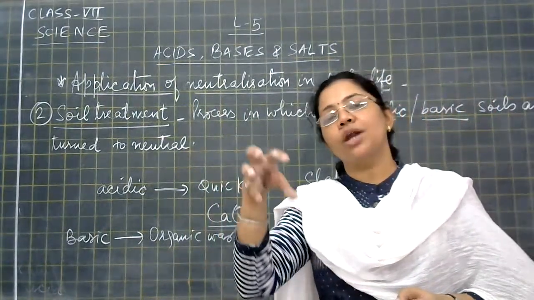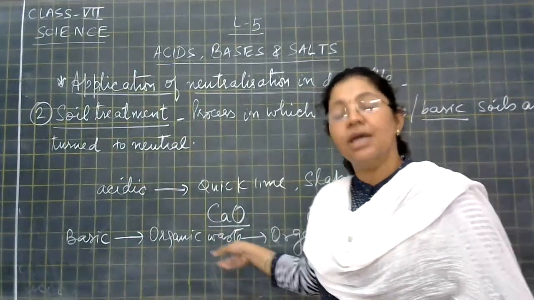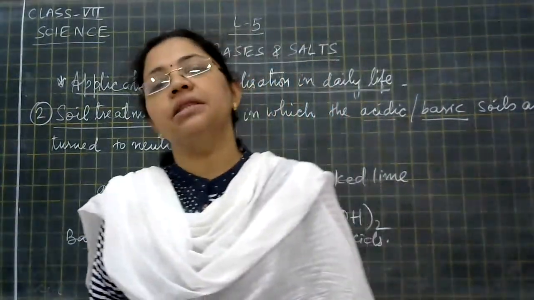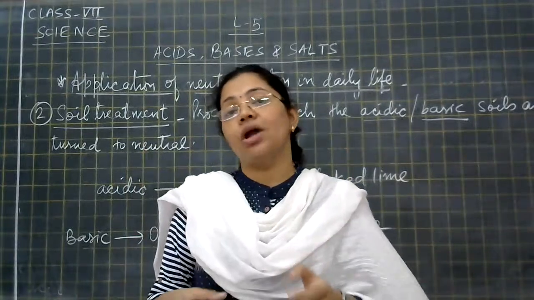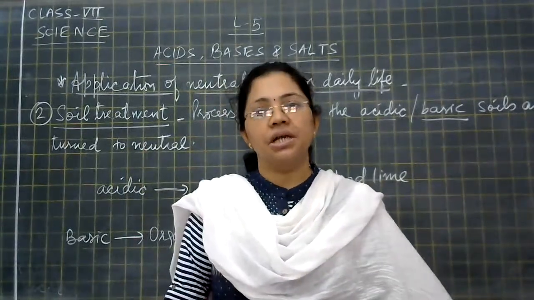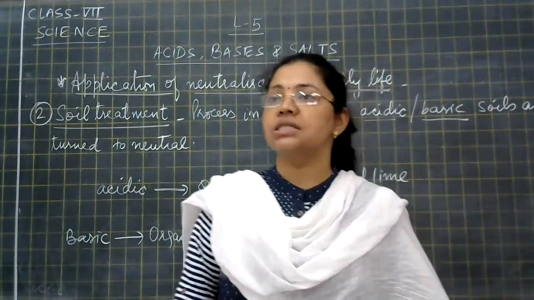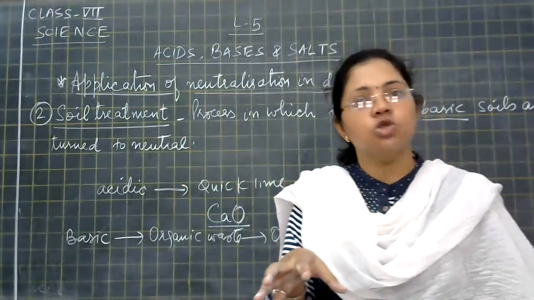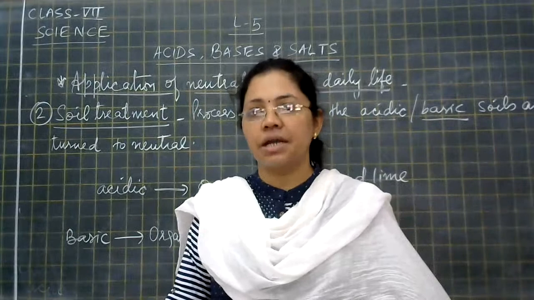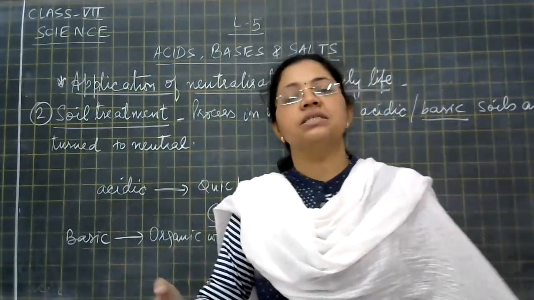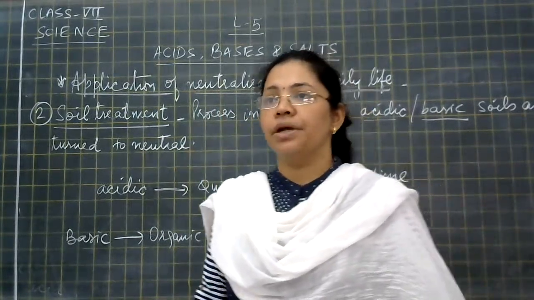When you add manure to the soil, its decomposition releases organic acid, okay, but manures are also rich in organic material, which we call humus, and that humus keeps the fertility of the soil intact. I hope you got your answer: if you add excessive manure to the soil, it will not make the soil infertile, because it releases organic acids, but manures also supply humus to the soil, and that maintains the fertility of the soil, right?